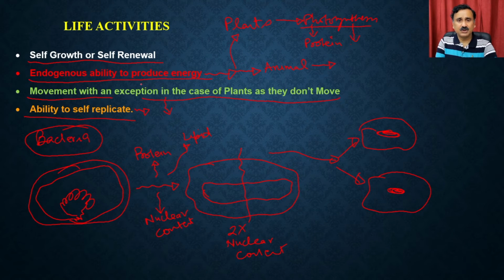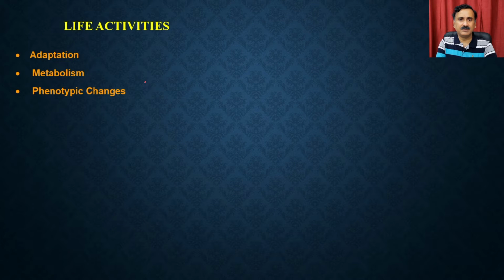Apart from these functions, we have several more examples where life activities also involve the production of different types of biomolecules. For example, adaptations. Adaptation is a very important phenomenon for the survival of that particular organism, right?